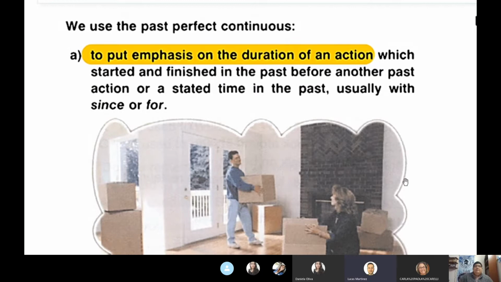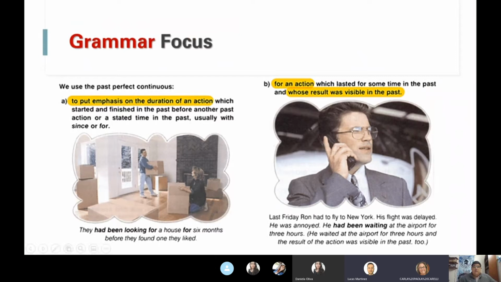Okay, but I can't see anything on the screen. Oh, can you? No, it's black. I don't know if my class may happen the same. What about the others? Can you see anything? Yes, I can see. You can see.